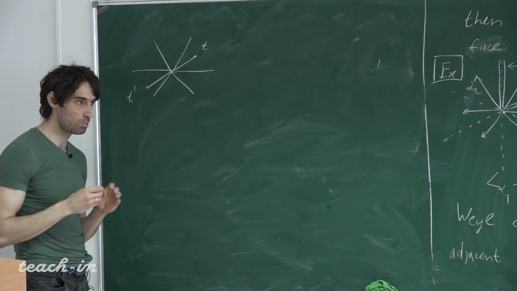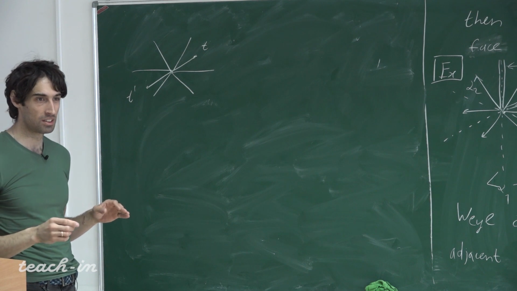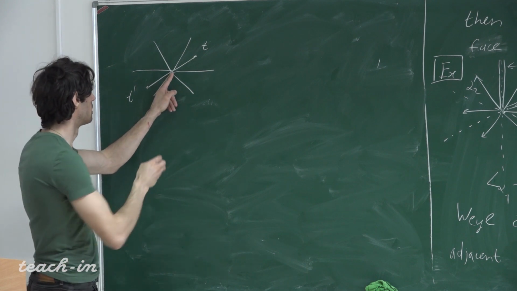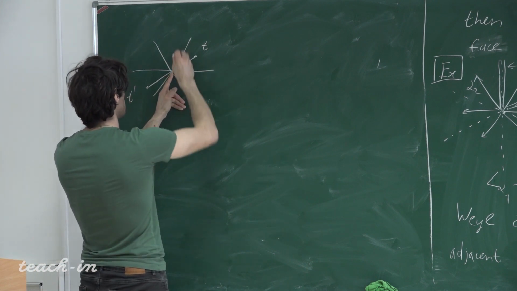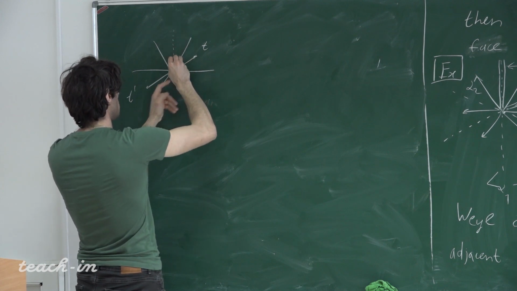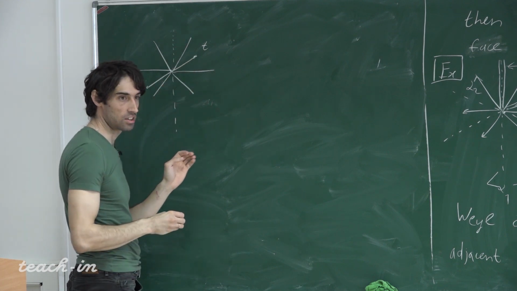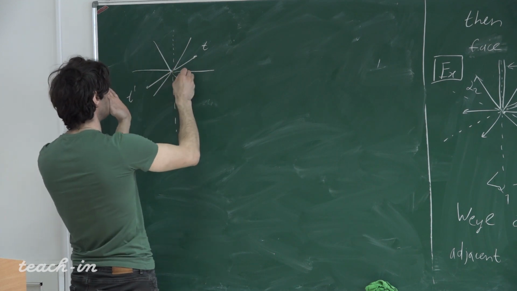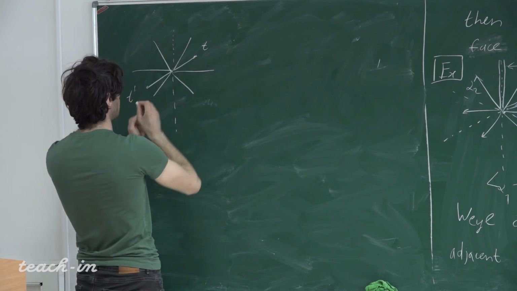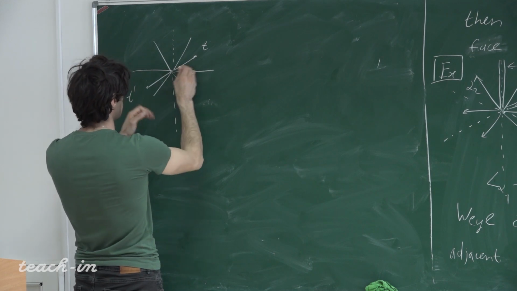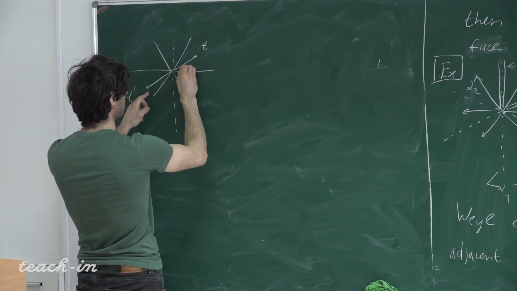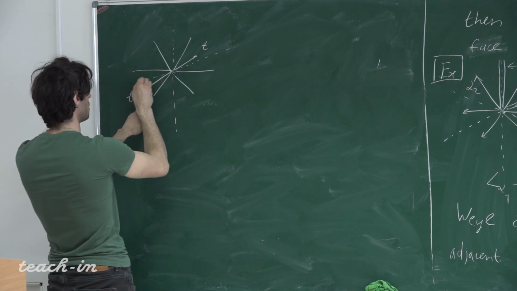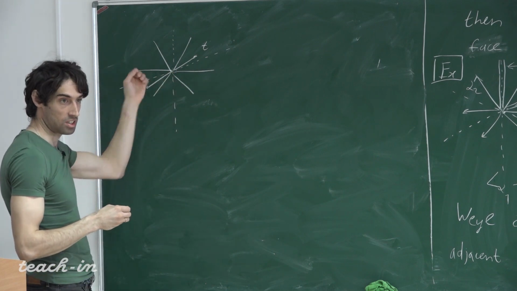This is the path that I don't like, because it intersects L alpha 1 and L alpha 2 at the same point.